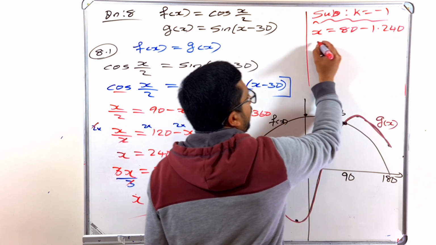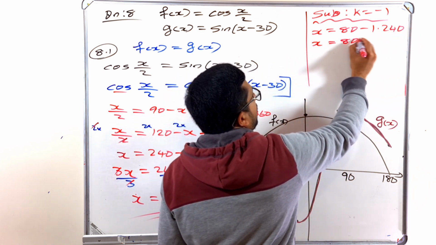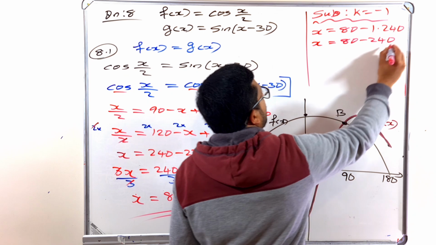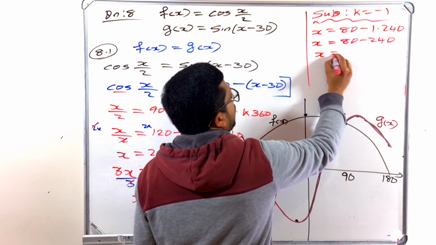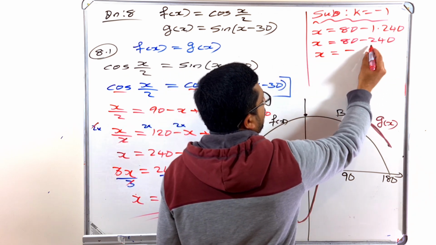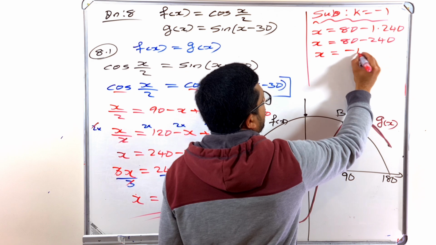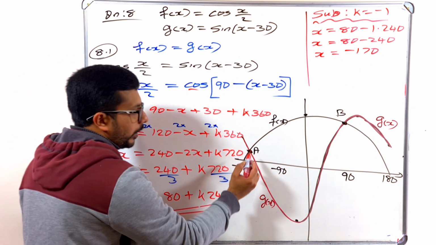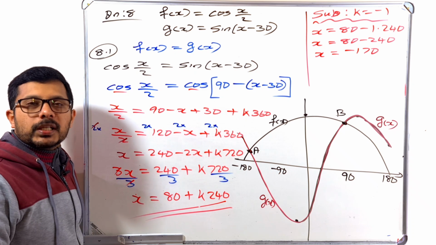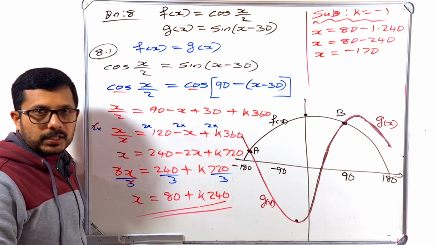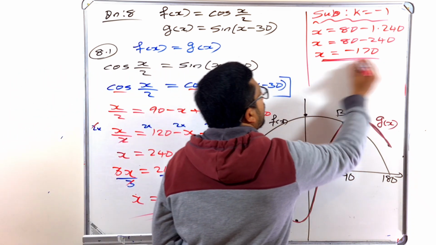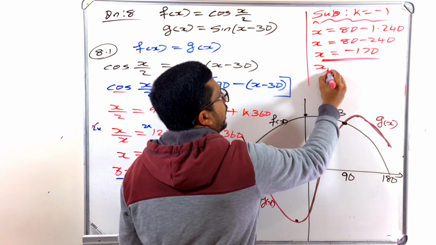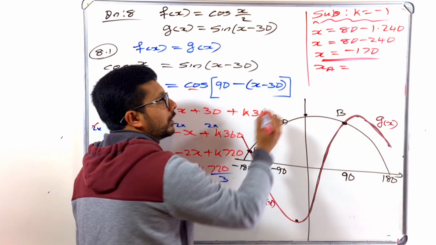Minus 1 into 240, so 80 minus 240. So what is the answer? Minus 160. So it means that at this point the value of x is minus 170. So we got one coordinate. So xa, what is the meaning of that?